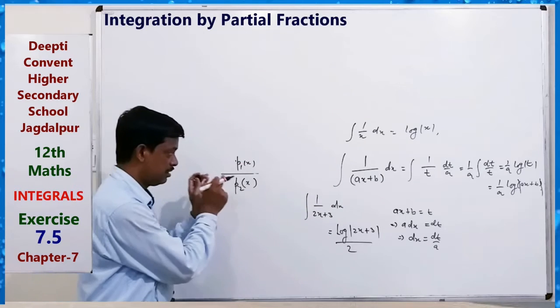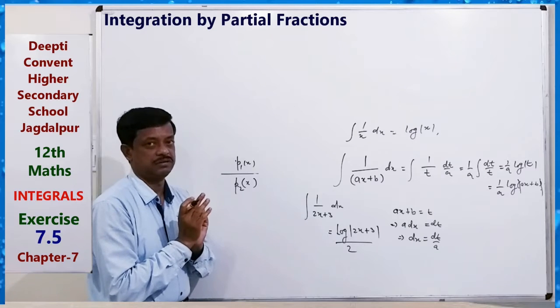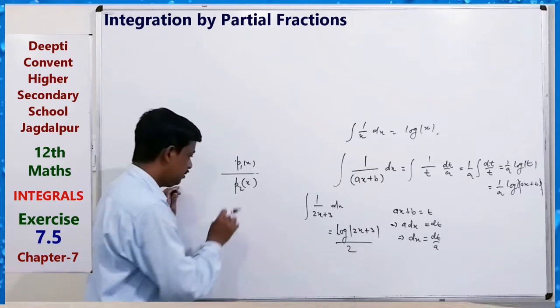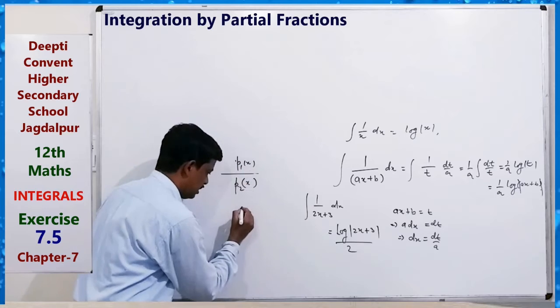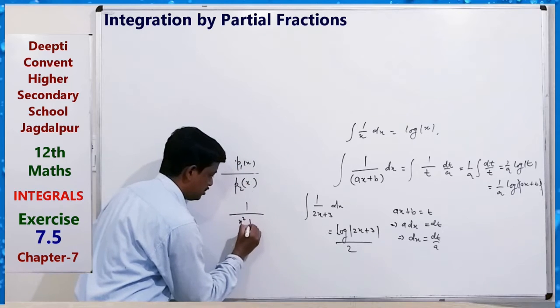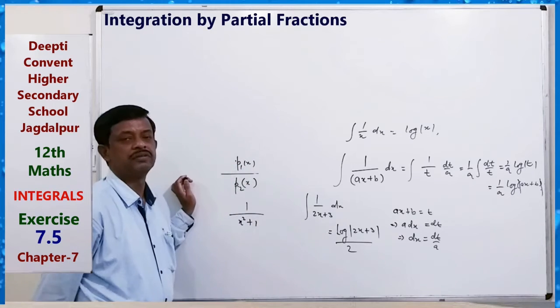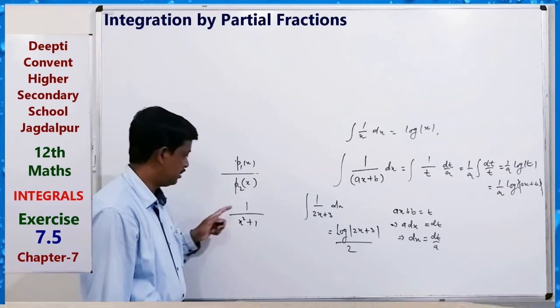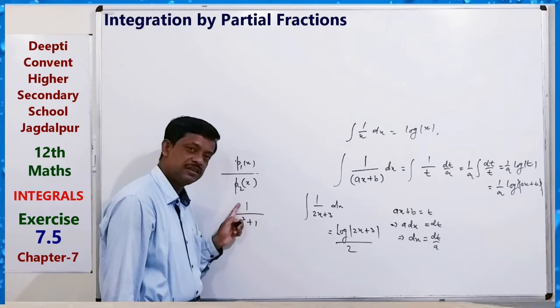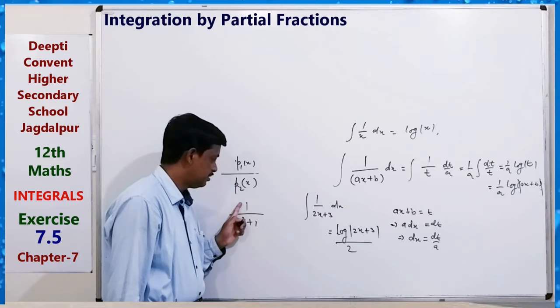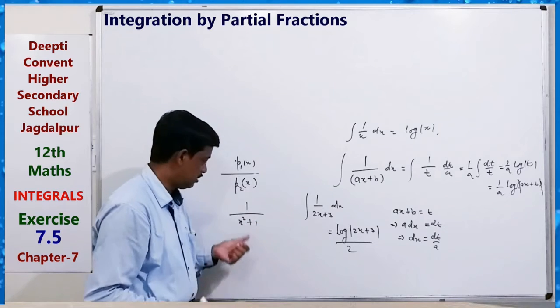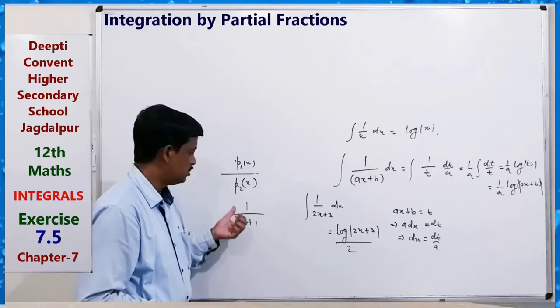Okay, a proper fraction means the degree of the denominator is greater than that of the numerator, just like 1 upon x square plus 1. This is also a rational function. The degree of the numerator is actually 0, and the degree of the denominator is 2. So 2 is greater than 0.